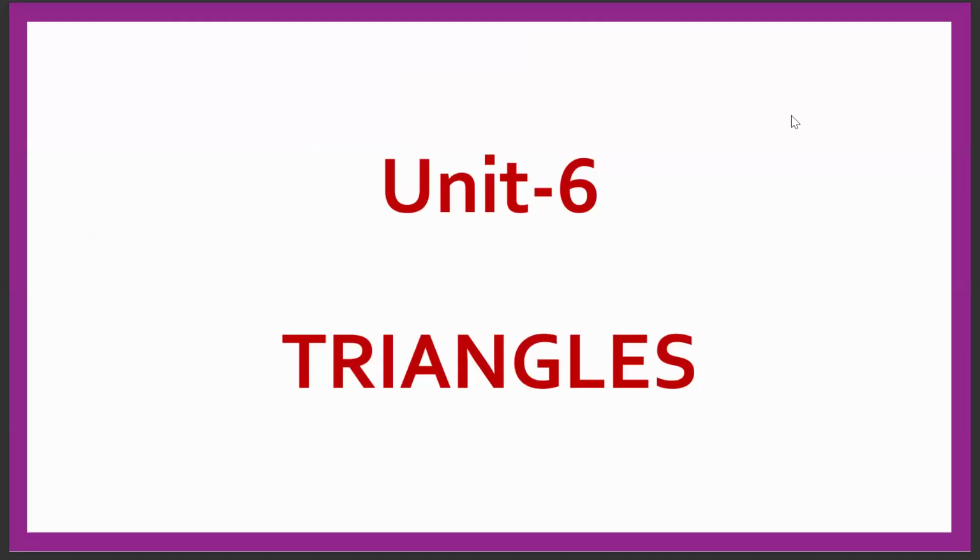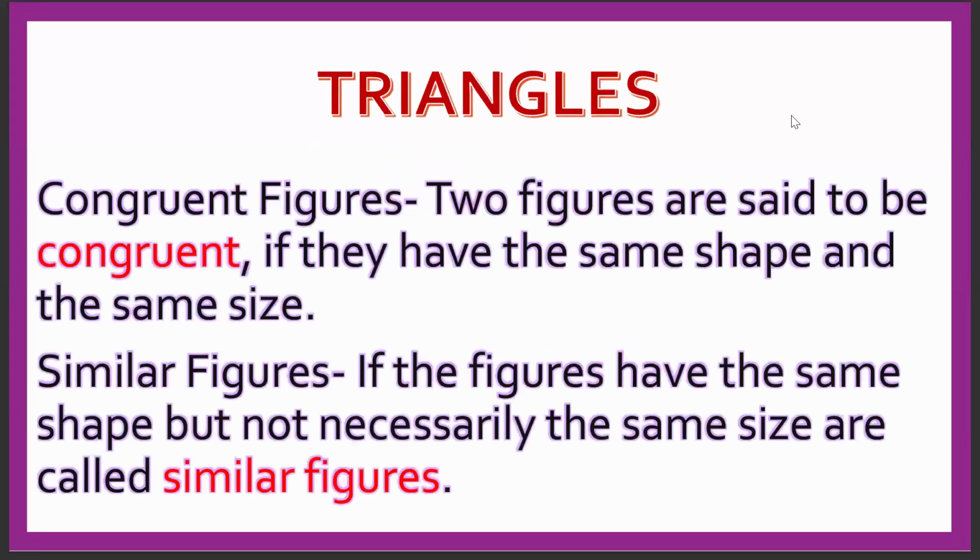So now we come to triangles. We have very limited time, so now on to triangles, and here similarity is very important. A triangle is a polygon having three sides, and before studying similarity, we should know what congruency is.